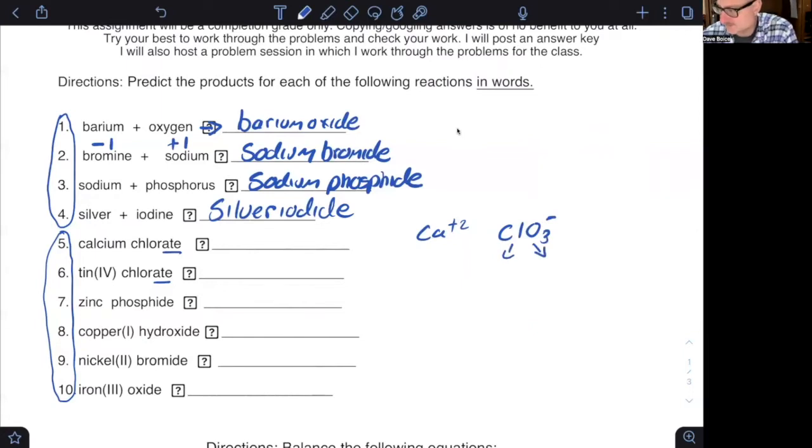Okay, and so what's going to happen is chlorine, if you look at your periodic table, you'll see that chlorine forms a -1 charge, and oxygen is going to split off onto its own. Okay, and so what you're going to end up with is calcium chloride plus oxygen.